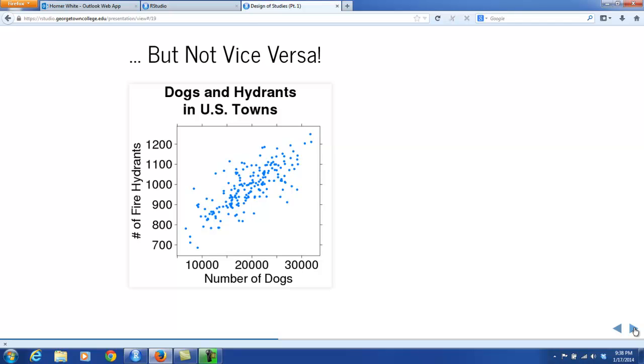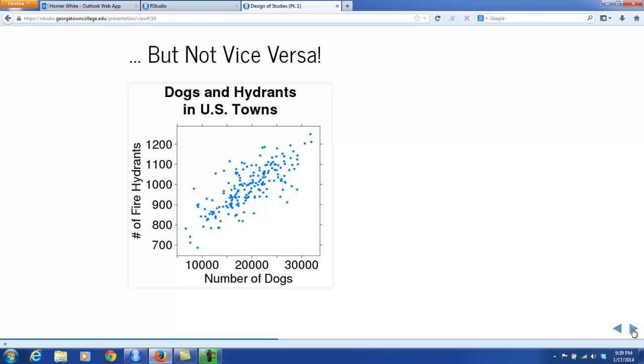These are two numerical variables, so we could study the relationship between them by making a scatter plot. And from the rising cloud of points, we can see that there is certainly a relationship between these two variables. They are associated. Apparently, in towns with a larger number of dogs, there tends to be a large number of fire hydrants. In towns with a small number of dogs, there tends to be a smaller number of fire hydrants.